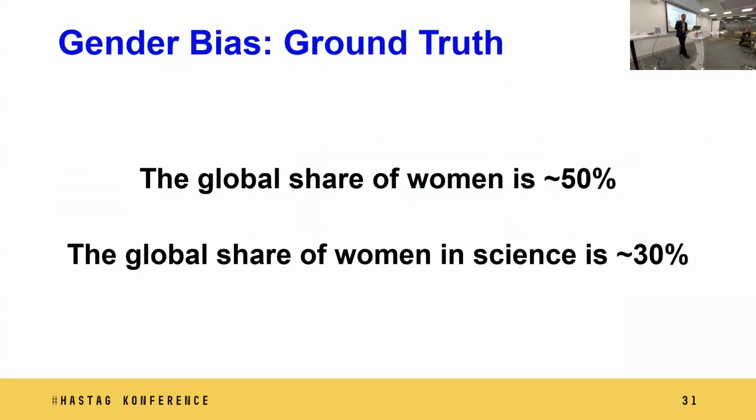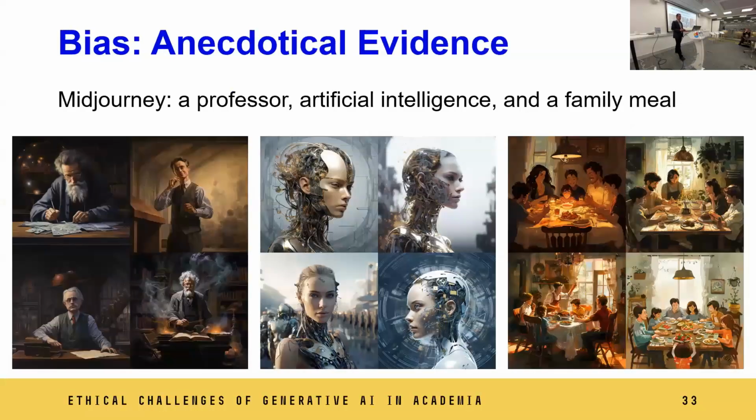If you imagine a scientist, it reinforces the stereotypes. If you ask the language model or the image generating tool to imagine a professor, you always get white males. If you ask it to depict artificial intelligence, it's the submissive assistant role, so you always get women.